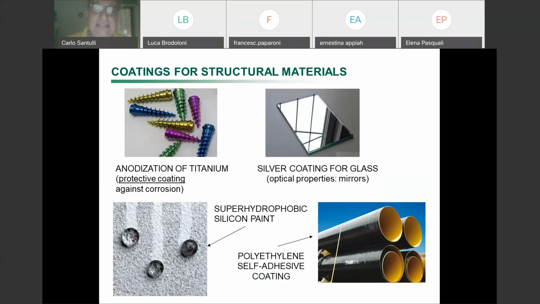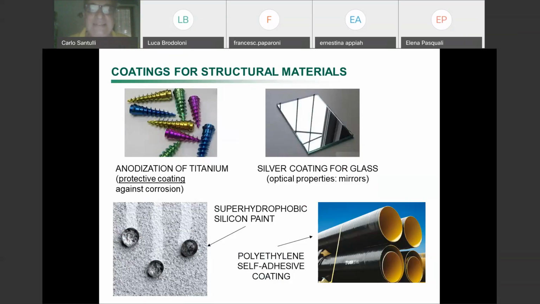There are other kinds of coatings which are interesting, which have become of more and more interest. For example, the super hydrophobic paints. Super hydrophobic means that it's more than hydrophobic. Hydrophobic doesn't absorb water. Super hydrophobic repels water, which is more than just not absorbing it, because you may have water which is not absorbed but stays there for some time and may generate also some problems.